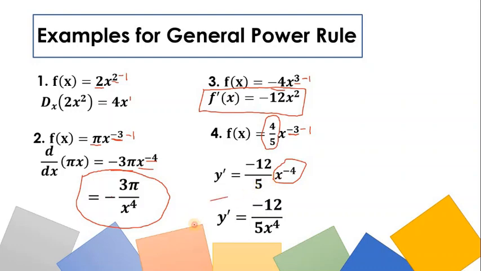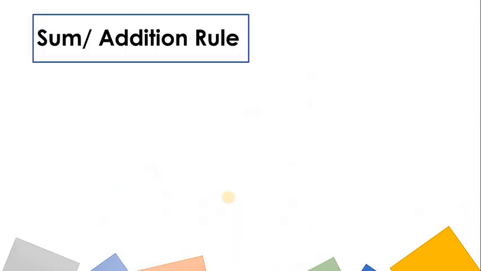So therefore, that is now the derivative of example number 4. And that's how the general power rule works. You know your exponent, you multiply that one to your base, and you deduct 1 from your exponent. And that is constant, and that is applicable to all.